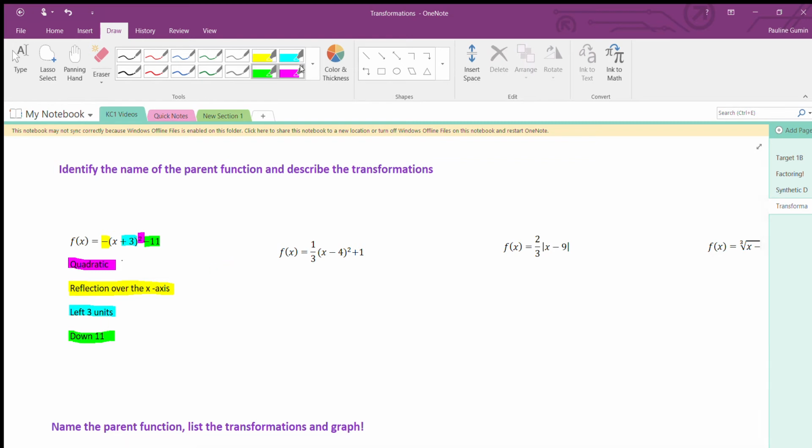Let's do some more. Once again, we have a quadratic. In front of the parentheses, so our a, we have a 1/3. So really what that means is vertical compression by 1/3.